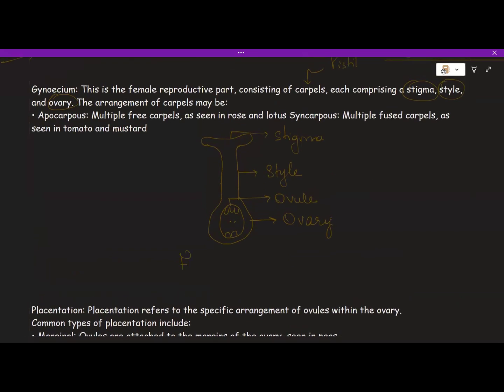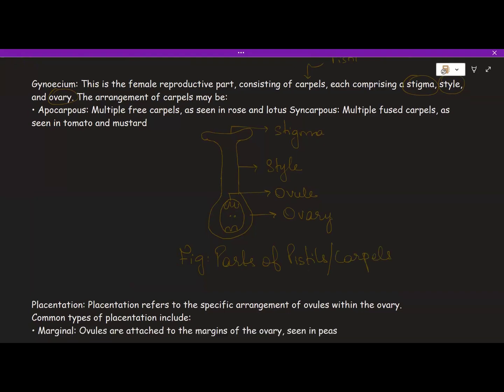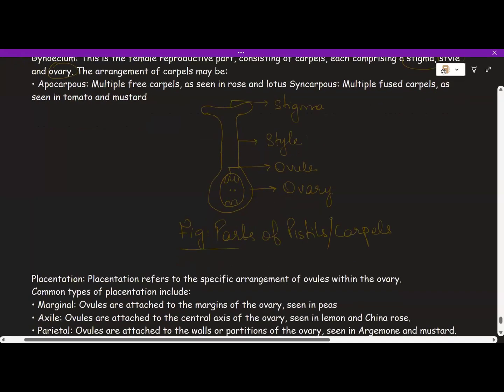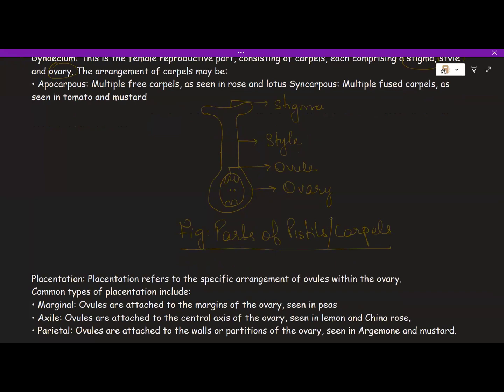So this is the figure of the pistil, or you can say the parts of the pistil. Any doubts, students, up until now? No, ma'am. You people have understood the male and the female reproductive parts of the flower? Yes, ma'am.